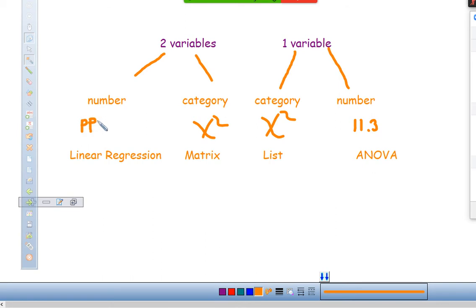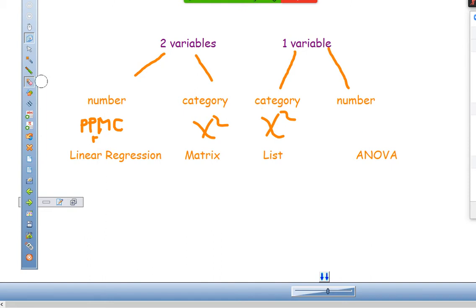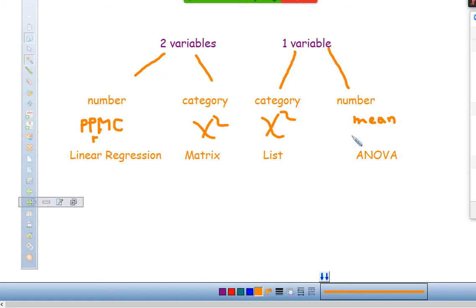So kind of PPMC, linear regression, and R is going to be involved in that one, right? So over here, this is going to be means. We're going to be looking at p-values. This is the one where you compare the p-values.